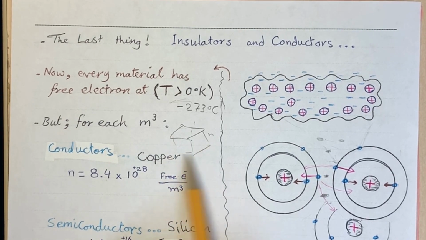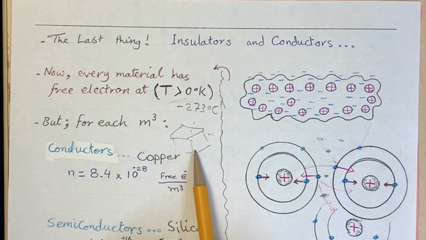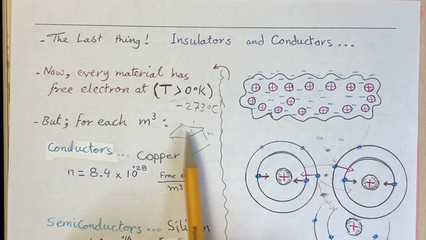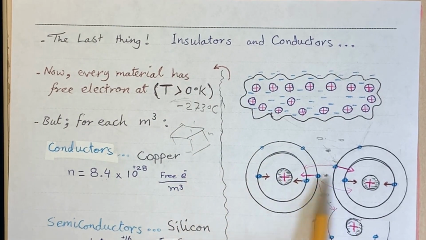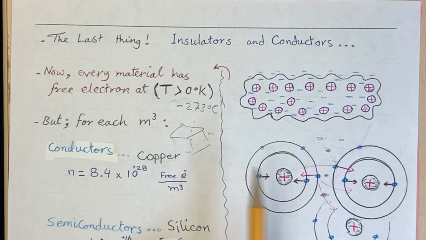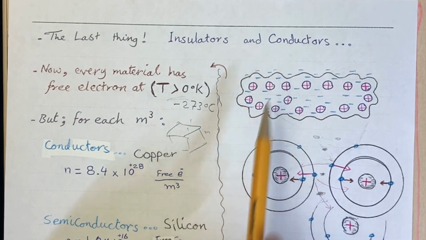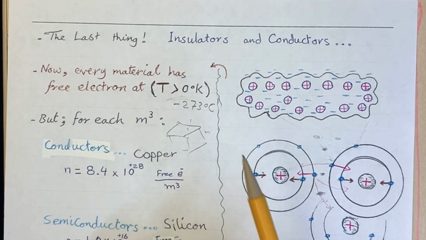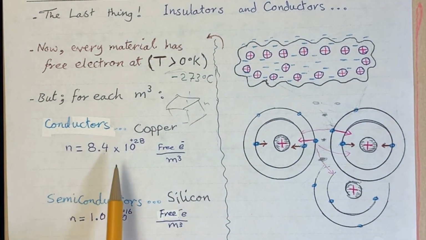In this 1 cubic meter we can count the number of atoms according to the atomic mass of copper. We can count how many atoms are here, but we will not do that. Also we can count the total number of protons or electrons or neutrons here, but we will not do that too. Also we can count how many free electrons we have, but we will not do that. But I will mention just a number.